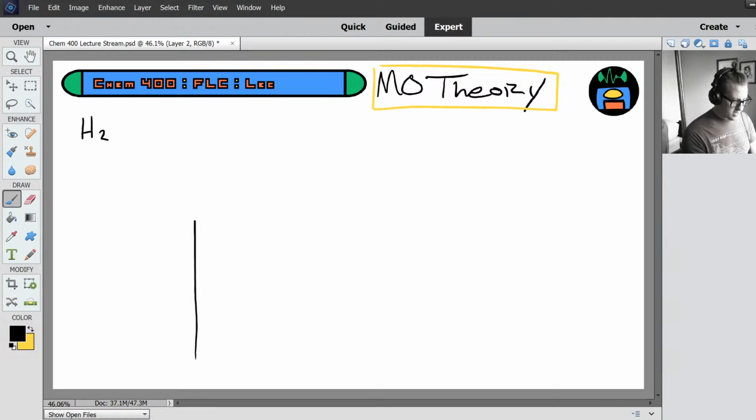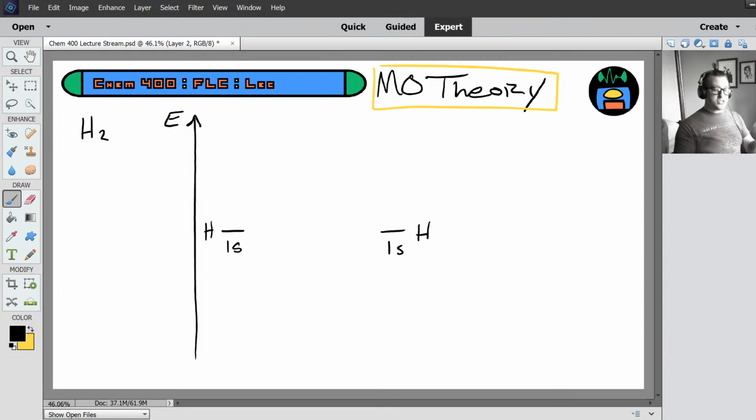Now, in the molecular orbital diagram, you have energy on a y-axis. And you start with the orbitals for each. So this is the 1s orbital on one hydrogen and the 1s orbital on the second hydrogen.